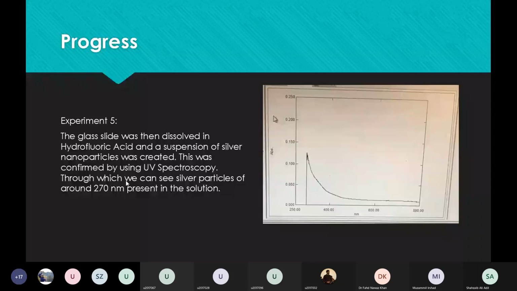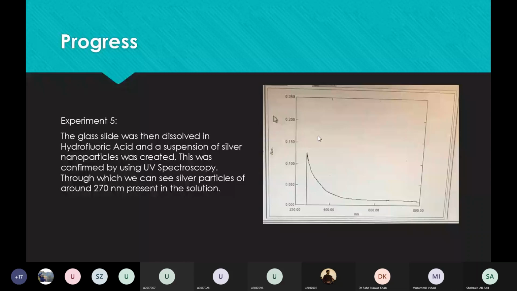What we were left with was a pure suspension containing an HF solution with some water in it and silver nanoparticles. This was proven by our UV spectroscopy, which shows that silver particles were detected around 270 nanometer. The increase in the particle size is due to agglomeration that happened in the HF solution.